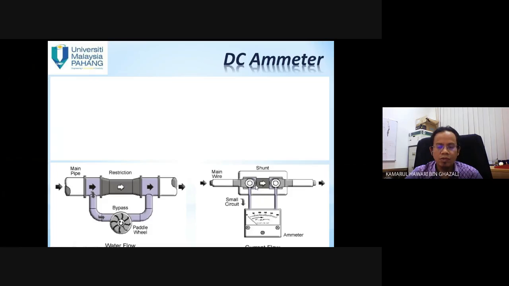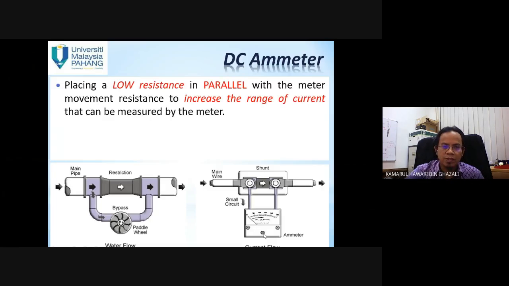It's the same for the current flow. Main wire, you have the resistance. When you put the ammeter, you actually measure the current flowing into the shunt here, then you get the reading of the meter.